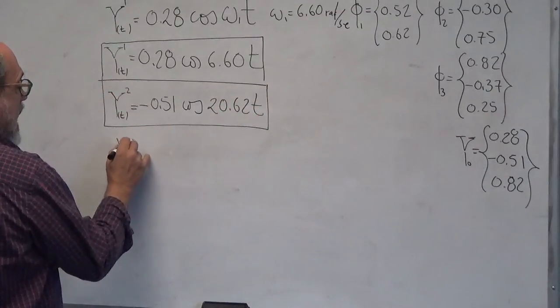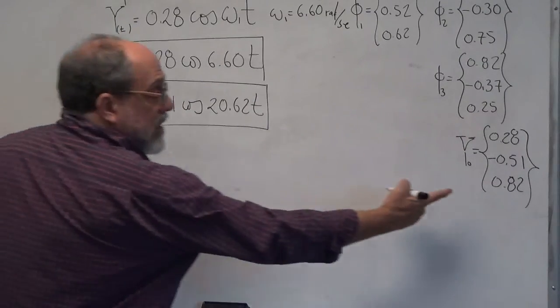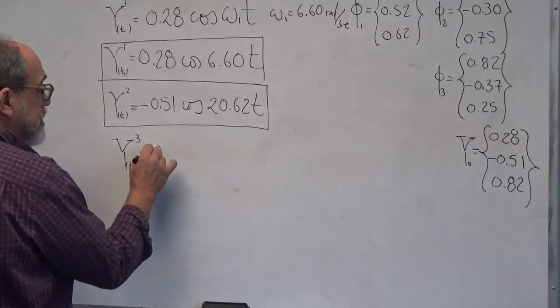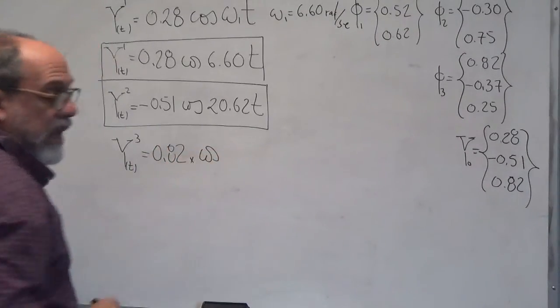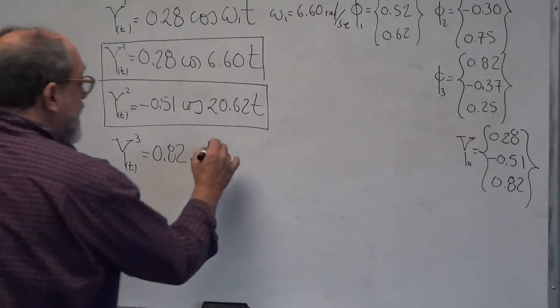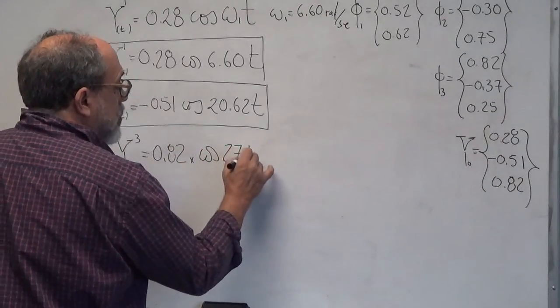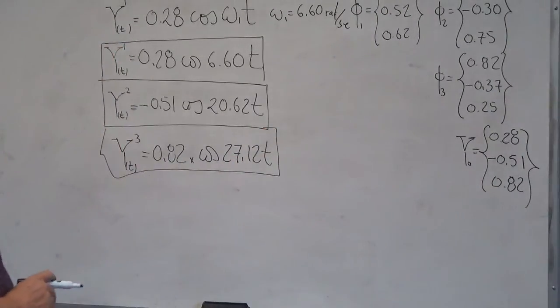And then y3 of t on the third mode would be 0.82 times the cosine, and I see here that that is 27.12 t, at which point we've got the three amplitudes of the modes.